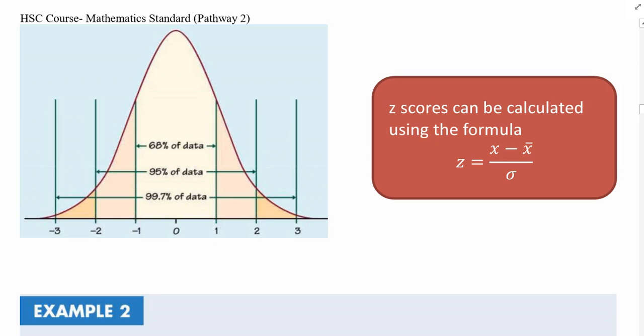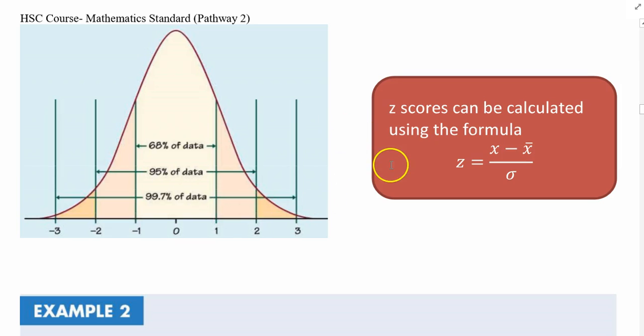So we're giving some direction to the position of a score now. When it's positive, it's obviously above the mean, and when it's negative, it's below the mean. We still have those same facts about the number of scores that lie between a Z-score of -1 and a Z-score of +1. Still 68% of the data lies there.